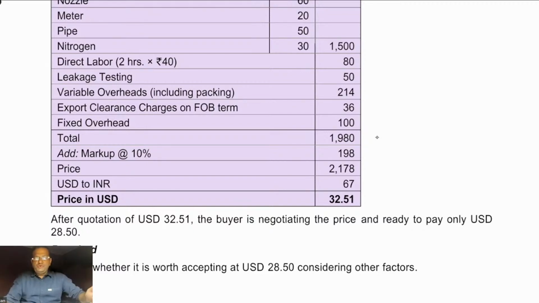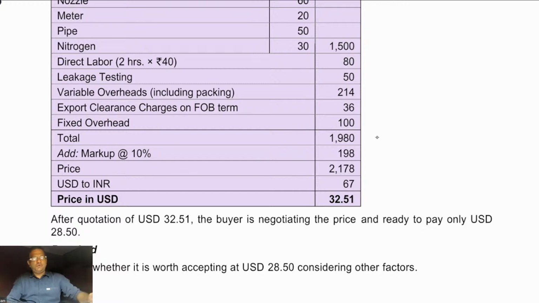What according to you can be the relevant cost, or in simple words, what are the irrelevant costs out of the 1980 rupees? Because irrelevant costs are not to be considered while taking a decision. I'm giving you only 3 minutes because it is comparatively simple. Since no additional information is given, there is no role of interpretation.